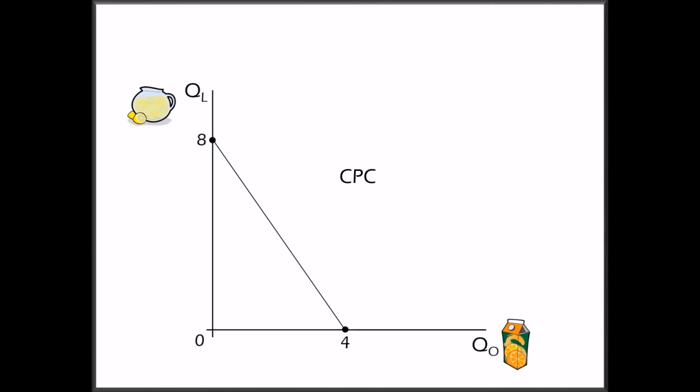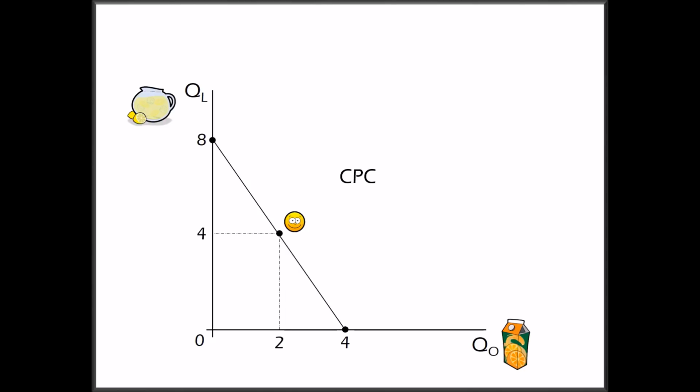Note that the CPC does not show the actual consumption of an individual. It just shows the possibilities of consumption, given the person's budget and the prices of these products. This individual may, for example, prefer to consume 2 units of orange juice with 4 units of lemonade.